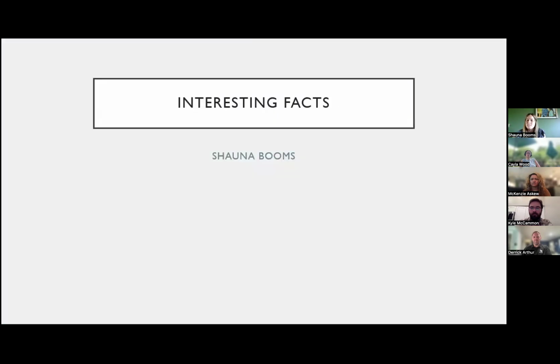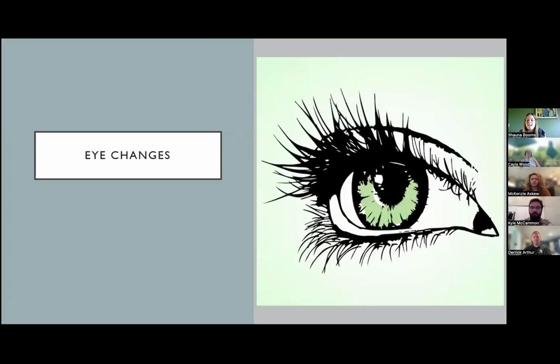And now interesting facts, starting with eye changes. So there was a study done by Parker, and they noticed that it is easily able to tell from a clinician or a family member what stage of the bipolar or what stage the individual is in, whether it's a manic stage or depressive stage, by just looking at their eyes.